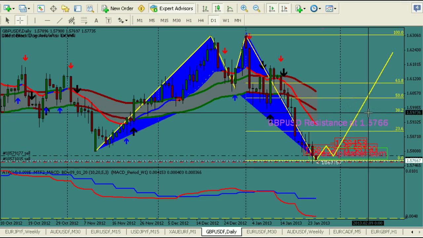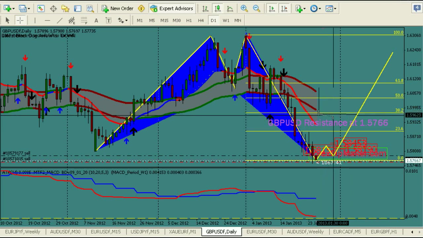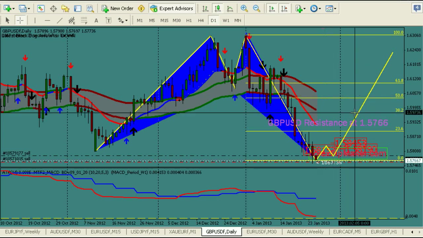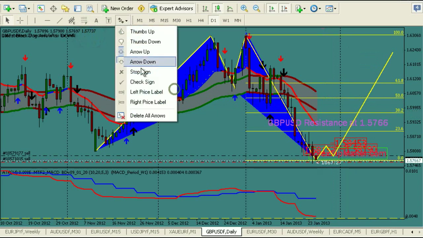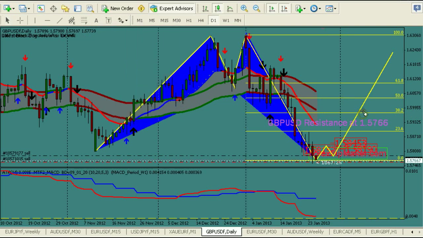The next target we'll probably look at is 38.2, at 159.73, and that is most probably going to be a very significant spot to look at, because it's very common that price is going to come back into this area before it goes further down or goes all the way up. So I think 38.2, 159.73 is going to be a very nice profit target. So let's just mark that out. Let's just say right here, 159.73, and that's what we're going to look at.